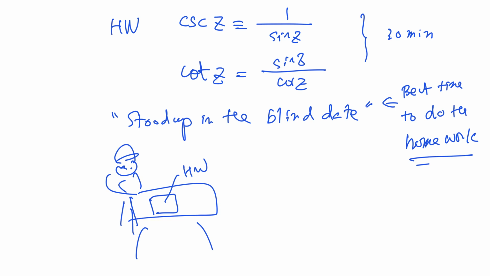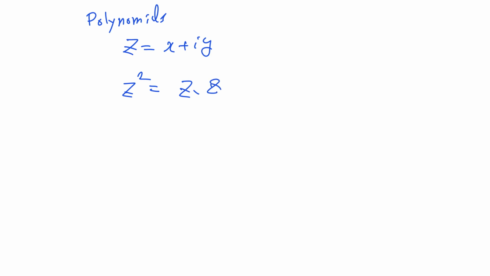So we have studied the trigonometric functions first using Euler's formula, but the most useful function is polynomials, right? z is x plus iy. Z square is z times z.